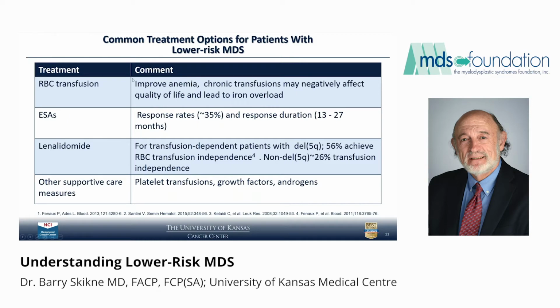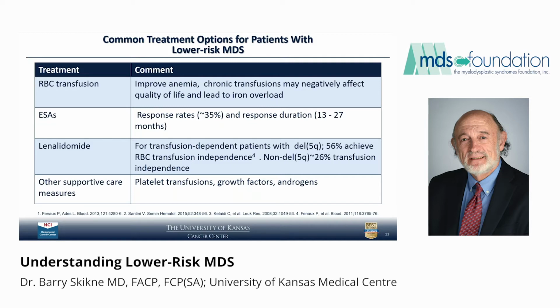Then also on this slide is ESAs, which stands for erythropoiesis stimulating agents, such as Procrit or Aranesp, for instance, just two examples. Response rates are about 1 in 3 for patients who get ESAs, and the response duration is no longer than 2 years.